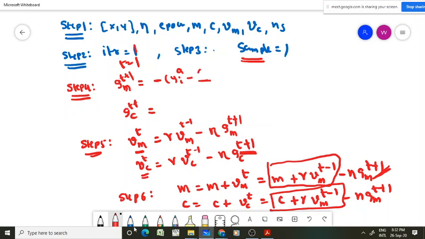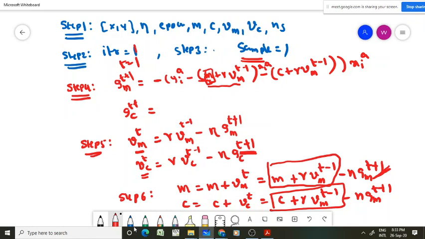So that's why we are taking minus M plus gamma into Vmt minus 1, right? And minus here also C plus gamma into Vmt minus 1 into Xia. Here also Xia must be there. So instead of M, I am taking the next estimated point.